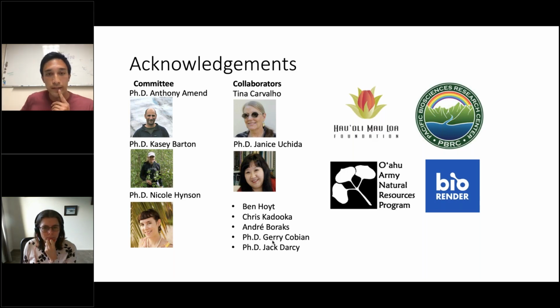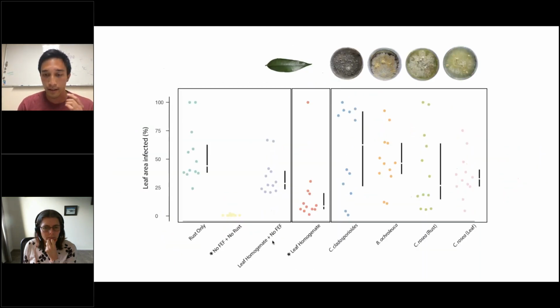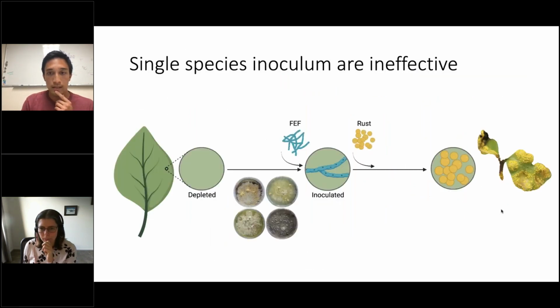We did plate some of the leaves that we didn't analyze, and I couldn't re-isolate this Cladosporium, but we did re-isolate these other 3 taxa from the leaves. Okay, very good.